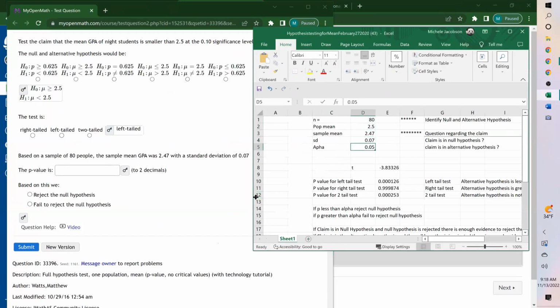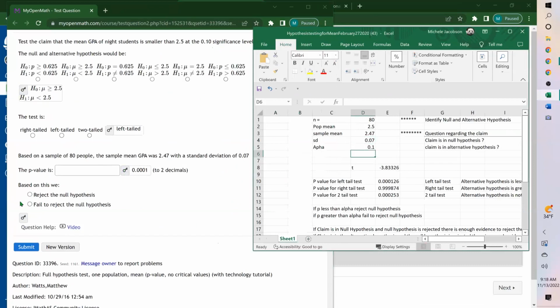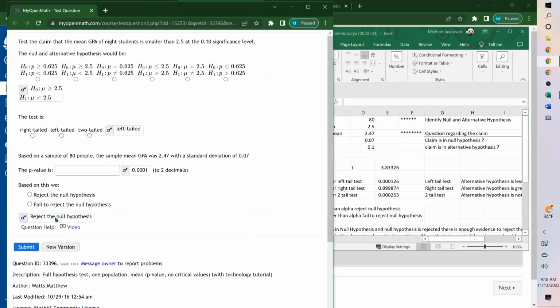Alpha was 0.1 right here. We just needed the p-value. We said it was a left tail test right here. So it's 0.0001. Based on this, the p-value is less than alpha, 0.1. 0.0001 is less than 0.1. We reject the null hypothesis.